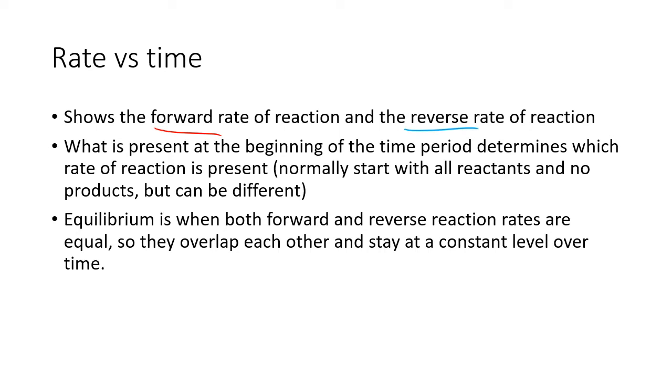If you start with all products, then you're going to have only the reverse reaction and no forward reaction. If you have a mix, it depends on whether it's at equilibrium or not, but we won't go through that until we get to explaining what the equilibrium constant is. Equilibrium is when both forward and reverse reactions are equal, so they'll overlap each other on the graph.